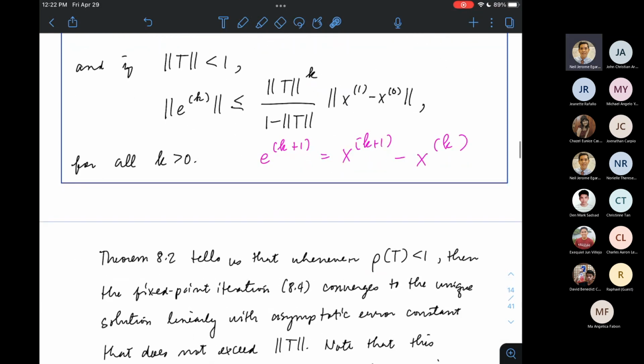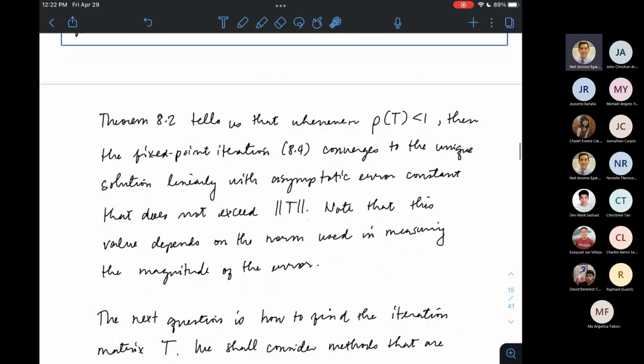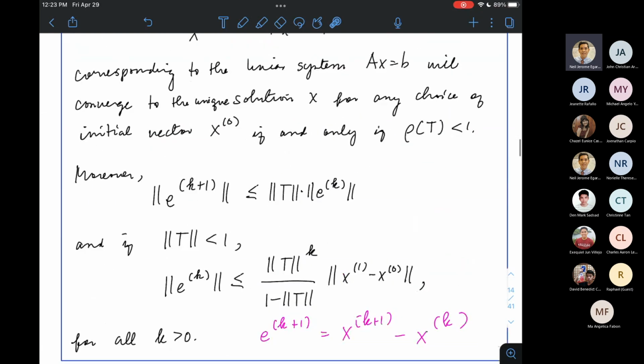All right. Now, okay. So, nagko-converge yung fixed point iteration kapag yung spectral radius ay less than 1. And actually, this equation over here, the error estimate, gives us a bound for the asymptotic error constant. So kung mapapansin nyo, kamukhang-kamukha ito ng formula ng asymptotic error constant.